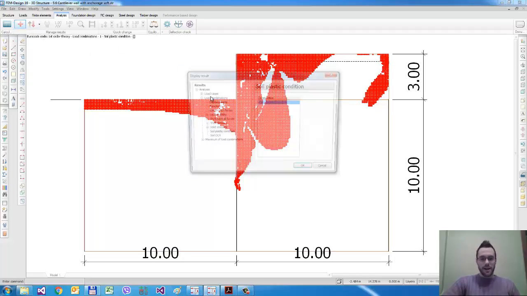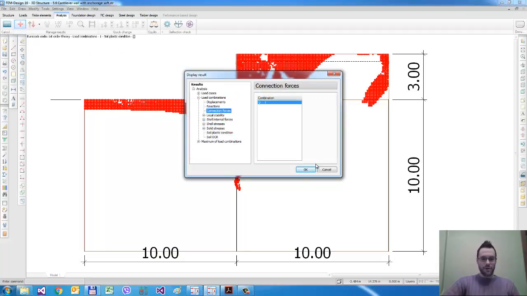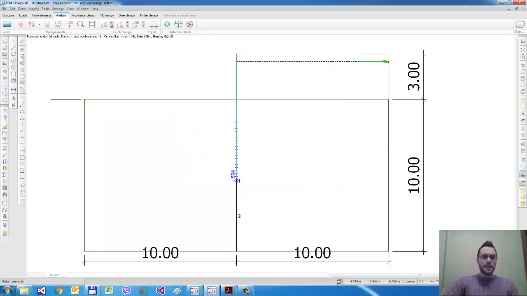So in this case I can also check the connection forces, and we can see here a quite different connection force distribution in this case. So you can see here we have a very large force here in the point-point connection, 20 kilonewtons, and we have a quite different connection distribution, which was caused by the active and the passive earth pressure in this case.